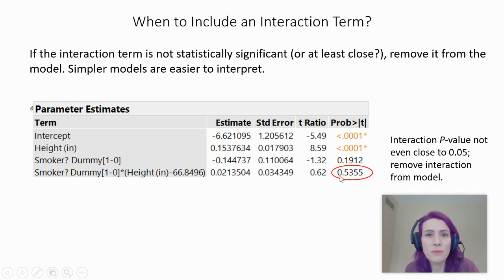You could argue that if it was, say 0.10 or so, maybe you'd keep it because you're getting closer and closer to 0.05, but over 0.5, definitely not very useful. So we would get rid of that, and we'd see how these p-values change, and then we may or may not consider getting rid of the smoking dummy variable, depending on R squared and root mean square error and all those things.